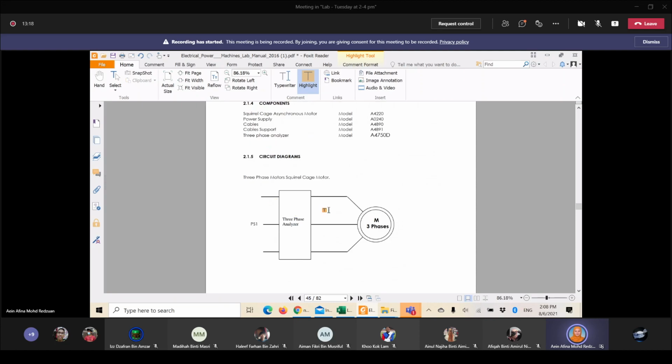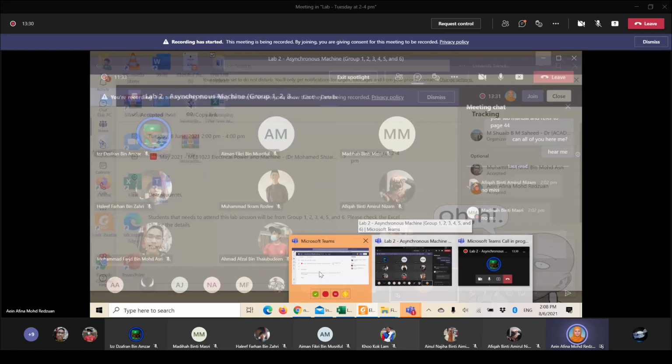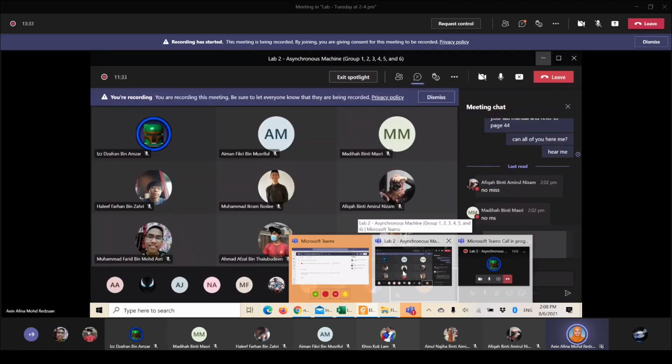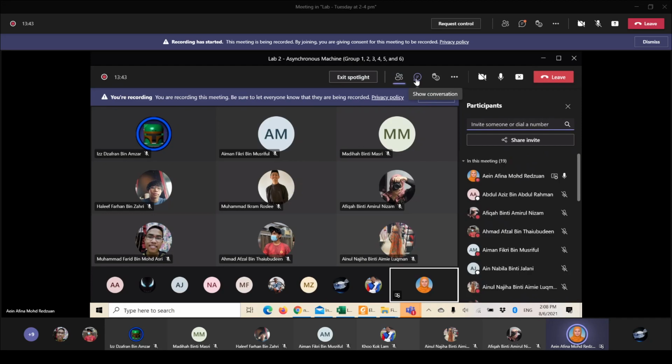Okay, I would like to ask you here, can any of you identify the difference between this circuit of the asynchronous machine and the circuit of the synchronous machine that you guys have learned previously? Can any of you raise your hand or tell me the difference that you can identify from the circuit diagram?